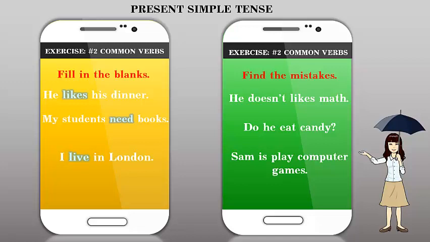He doesn't likes math. What's the error here? Well, this is negative. He doesn't. That's correct. However, we don't add an s when we have doesn't in front of it.